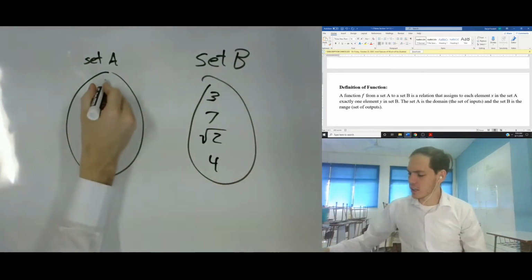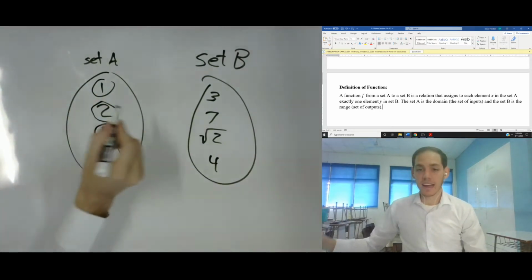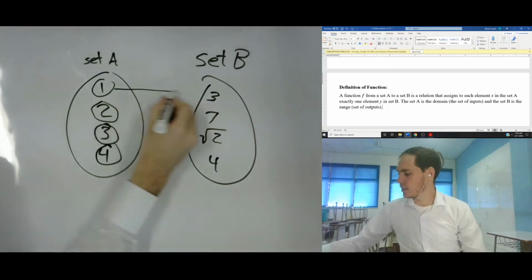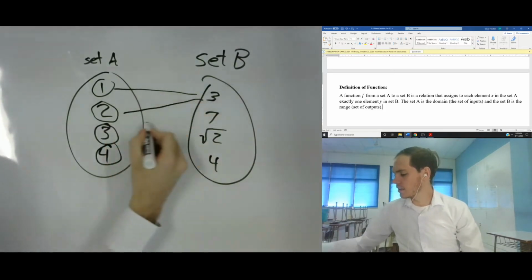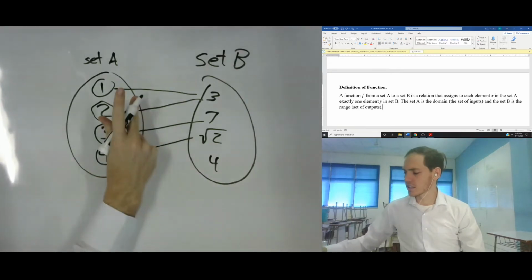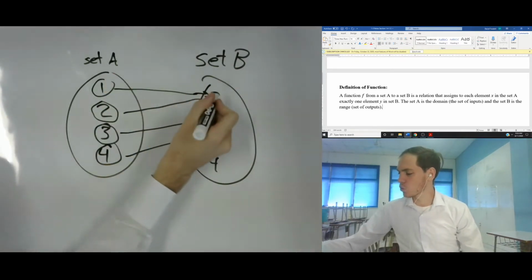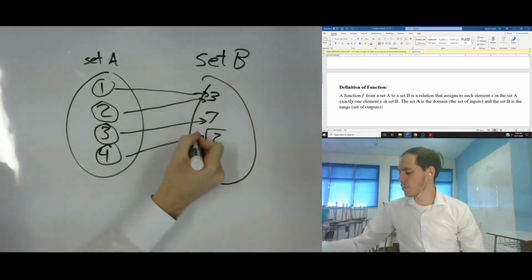Now, these elements are the x terms we're talking about. Each of them needs to pass to exactly one element. Okay, so this is a function because each of these corresponds with one output.